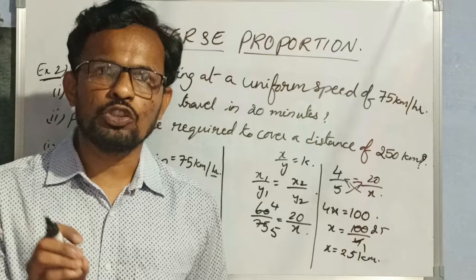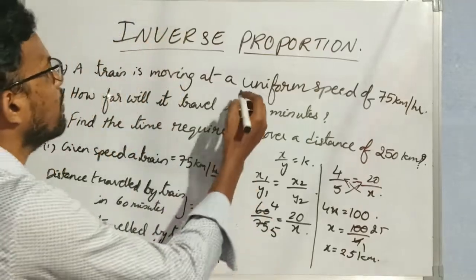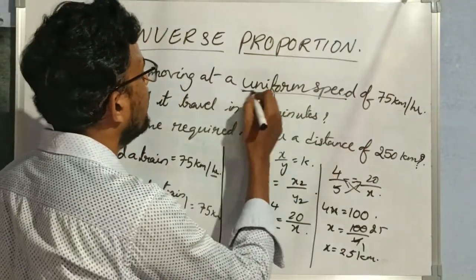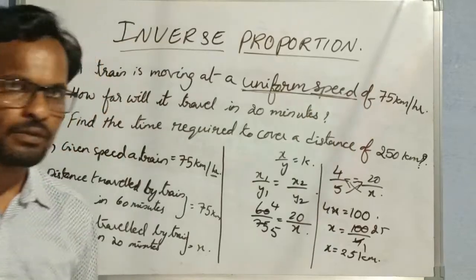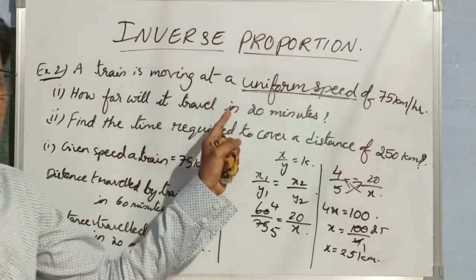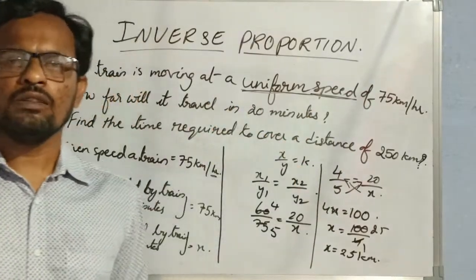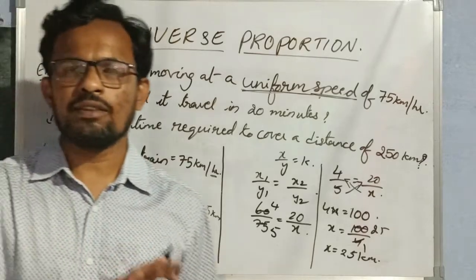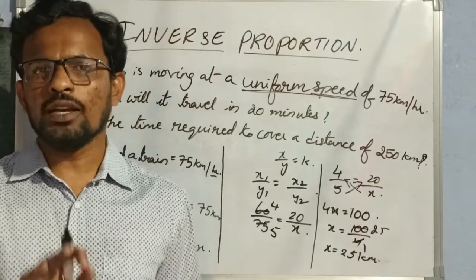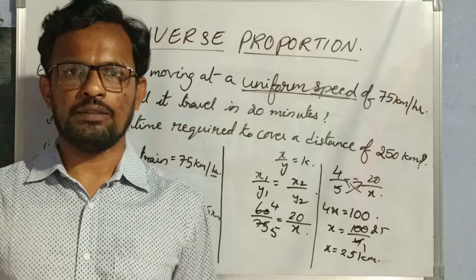We should analyze the question. He has given uniform speed, which means the speed is not changing. When the speed is not changing, we should not take inverse proportion. We should take direct proportion only.